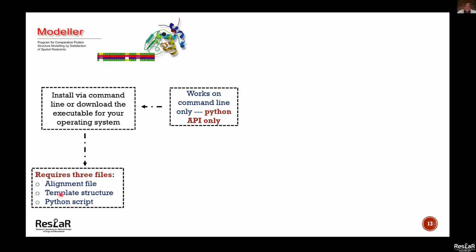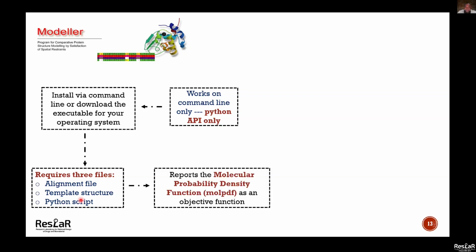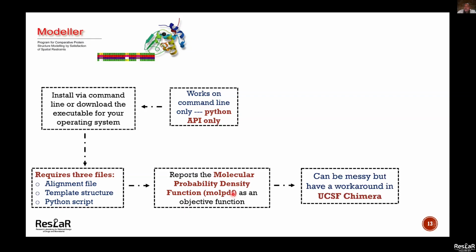Then I'll also get the structure of that insulin polypeptide from pig, because that is my template structure, and obviously the Python script to run the prediction. At the end of the prediction, it's going to report a molecular probability density function as an objective function. This is just a way to quantify how reliable the model it is predicting is.